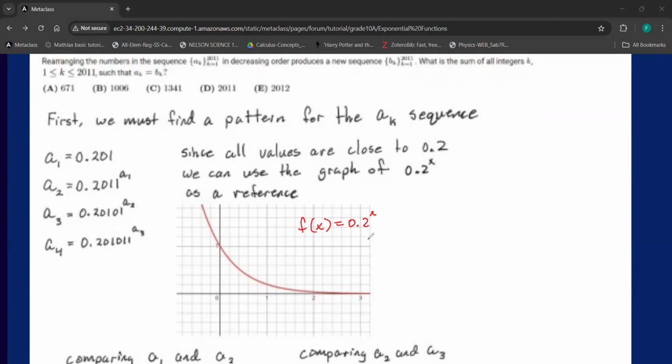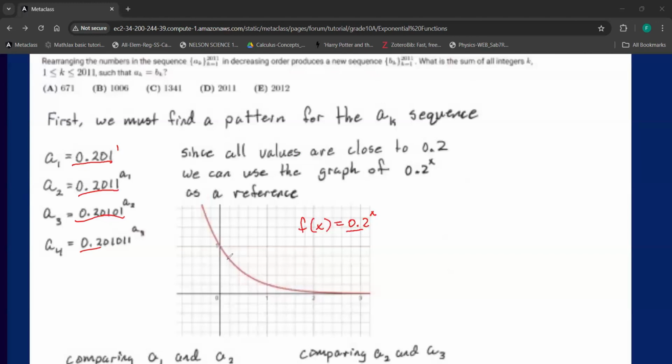The reason why we use 0.2 as the base instead of 0.201 is because using 0.201 is unnecessary, right? All these numbers are really close to 0.2. And so 0.2 is basically the term that you can use to visualize the values of all these exponents. I should also put one here.